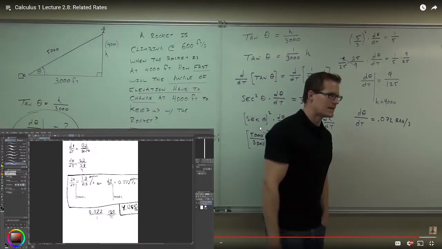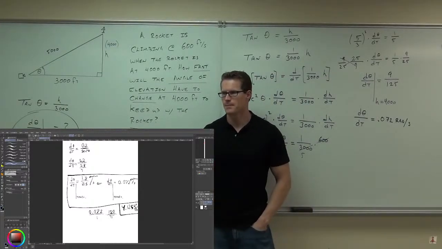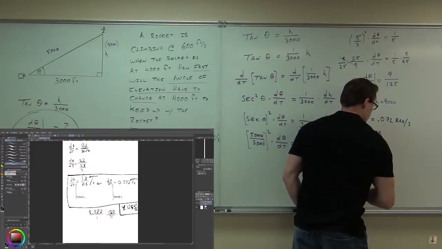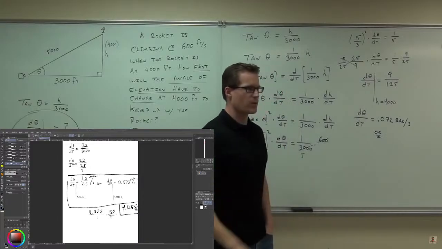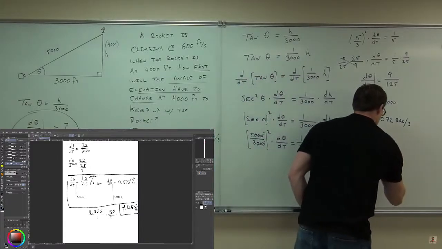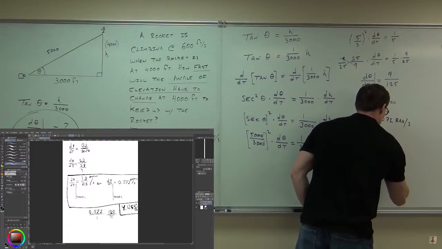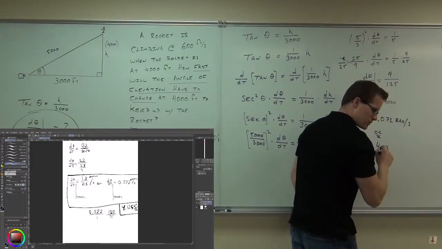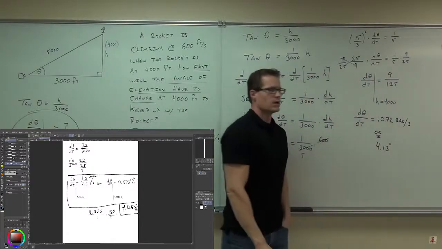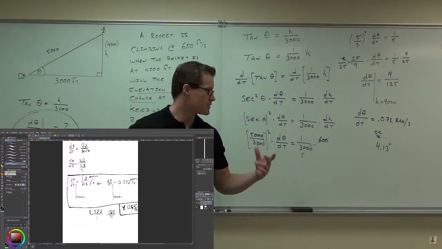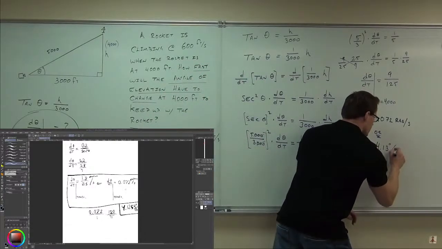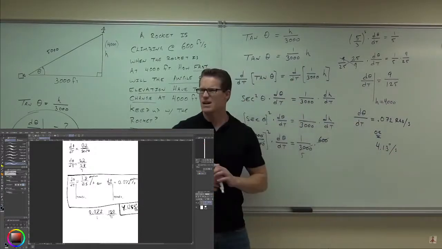You'll multiply by 180 and you'll divide by pi. Multiply by 180, divide by pi, you get 4.13 and it carries on. So 0.072 radians per second is 4.13 degrees per second. Is that more understandable?